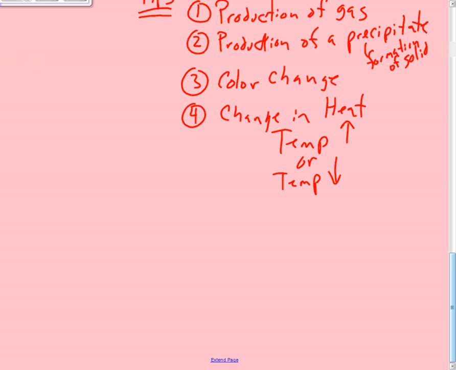Now, here's an important thing though. How do we know for certain?